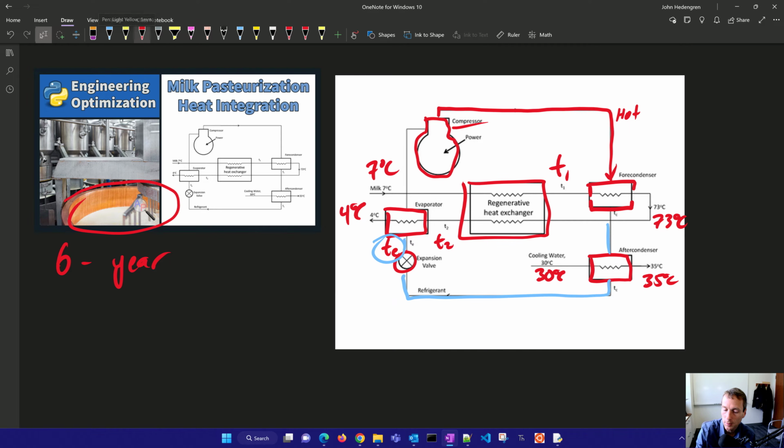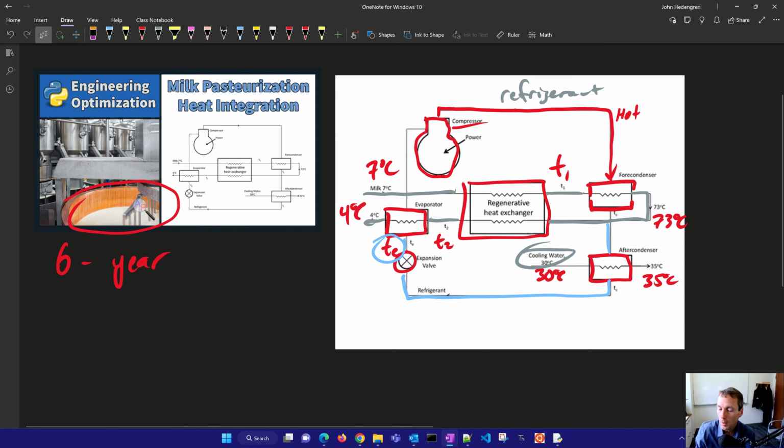The milk cycle comes through these heat exchangers with the water, or you have the water that's cooling, but you have some kind of refrigerant in this loop.